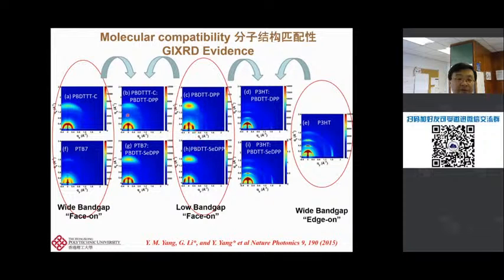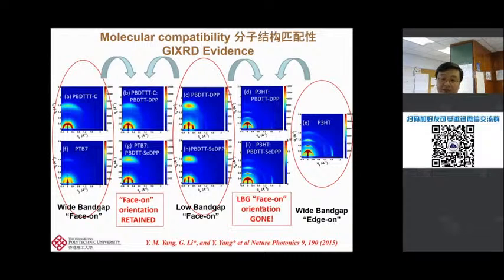But with both being face-on orientation in these ternary devices, we keep the packing pretty well, which gives us hints that morphology-wise there are fewer traps. By that way we can retain the face-on orientation.